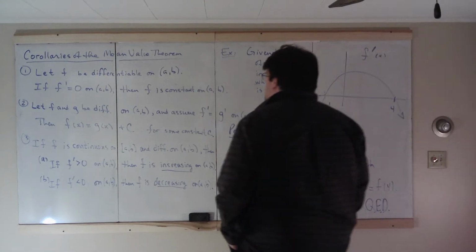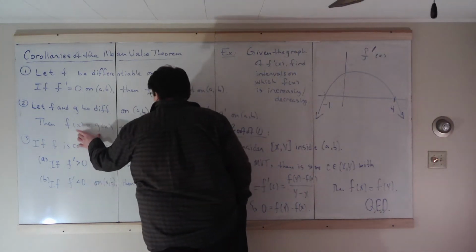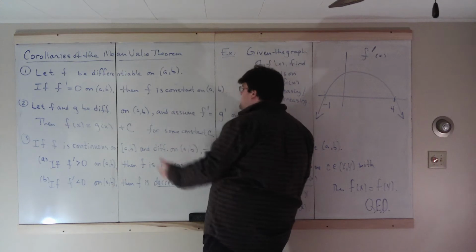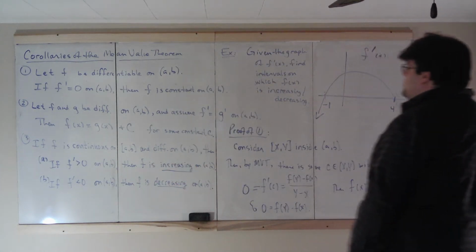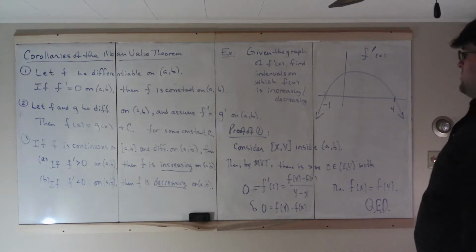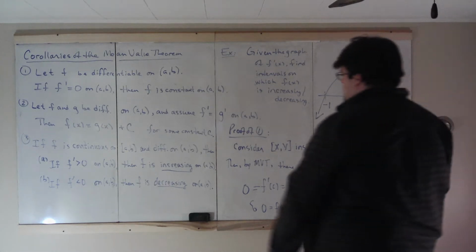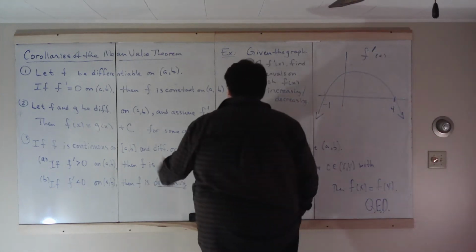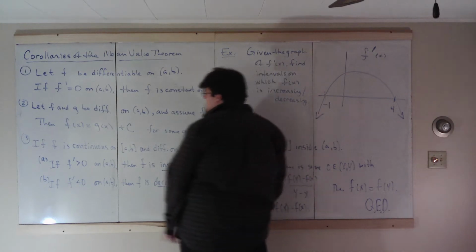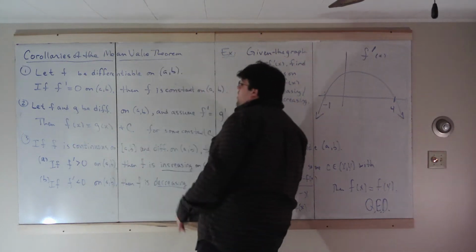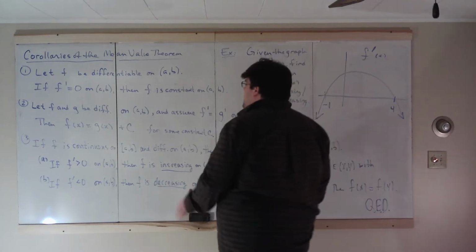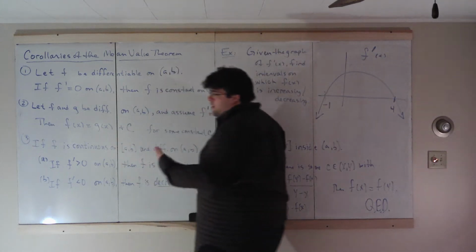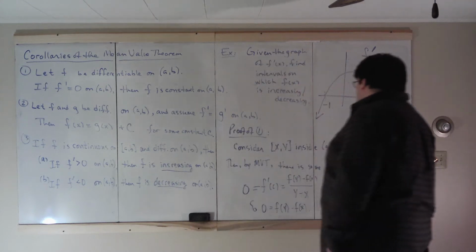Then they equal each other up to a constant. For some constant c, f of x equals g of x plus c. c could be negative. So if we have two functions where the derivatives are the same, then they are the same function up to a constant, meaning they differ by a constant. We're going to see that also in Chapter 5.